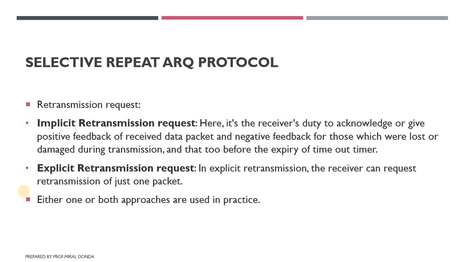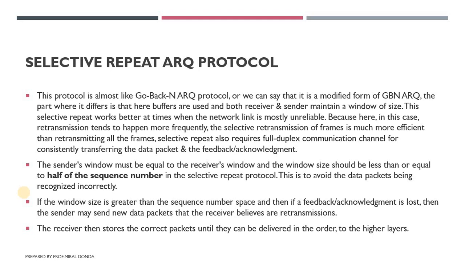The receiver received 1, 2, 4 and 5. If the receiver then requests packet 3, that type of request is called an explicit retransmission request. Both approaches are used in practice, so both are valid.